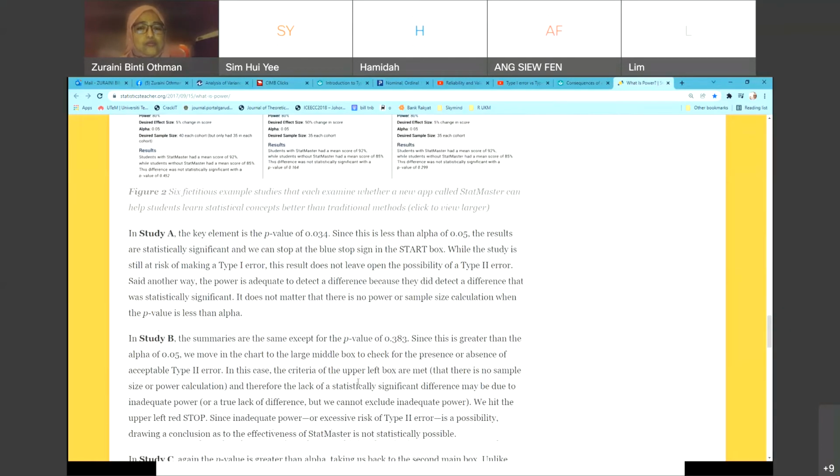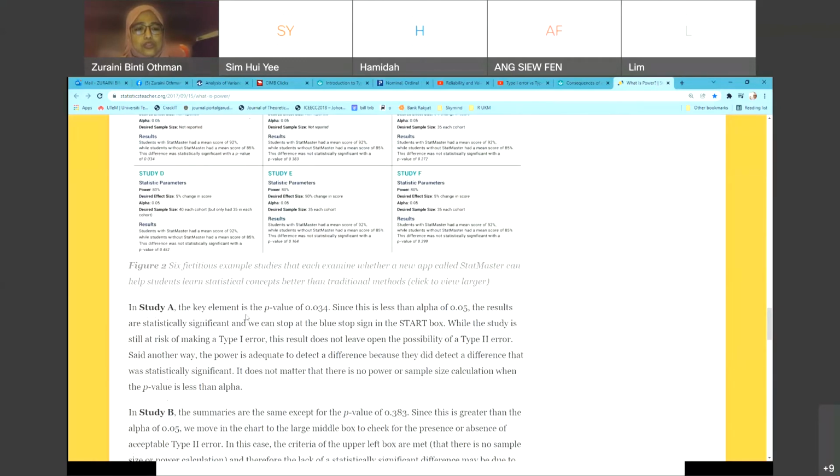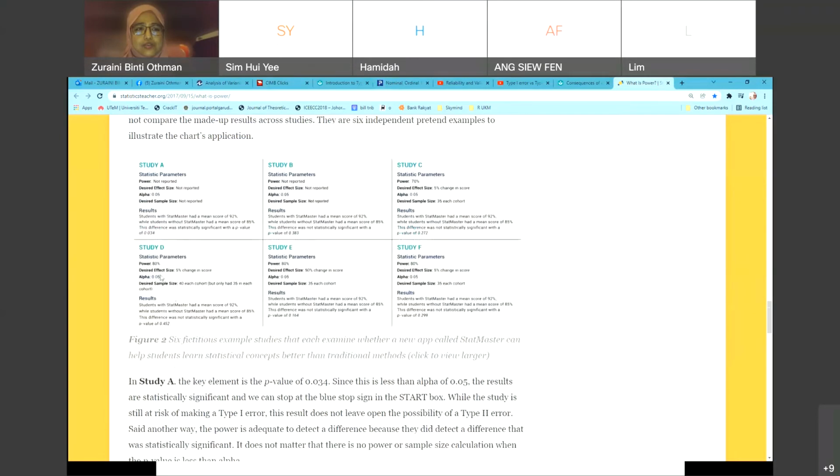But first I want to know, do you know what the p-value means? Actually, with the p-value, we want to know the significant difference. From here, we found the significance value is 0.034.